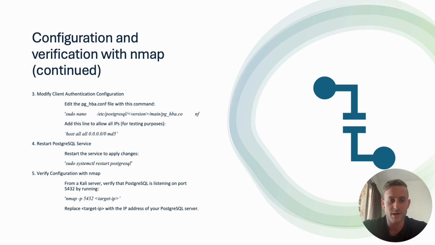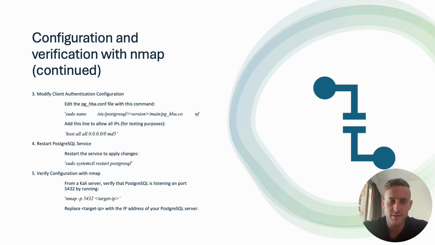We don't want all IPs able to come in. Next, restart the PostgreSQL service. You'll restart the service to actually apply the changes you've made. Those won't take place until it's restarted. And you can do that with this command here, sudo systemctl restart postgresql.